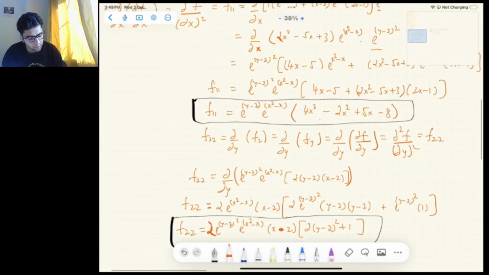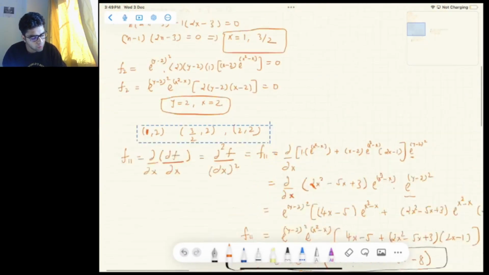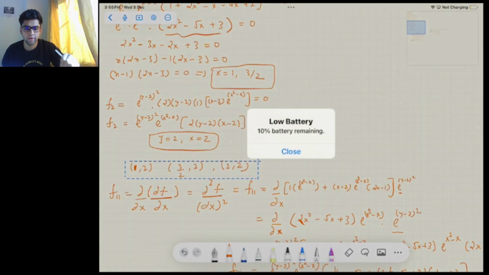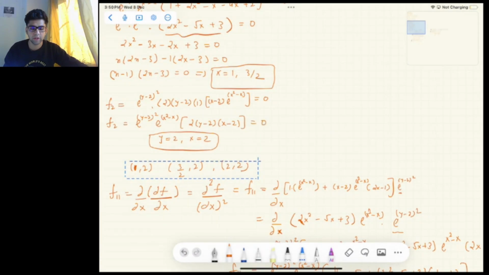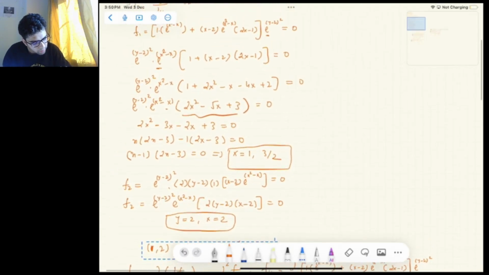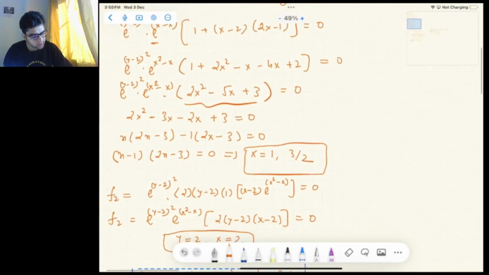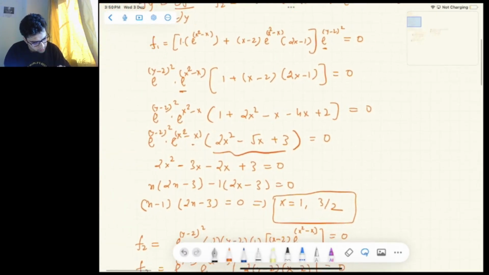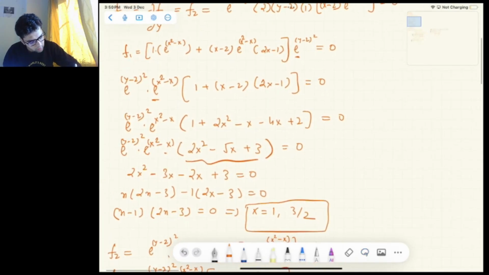So now, I'll be using the f12 definition. So I'll be finding out the first order partial derivative of f with respect to x, then with respect to y. So I'll be getting f12. So this expression was my f of 1.